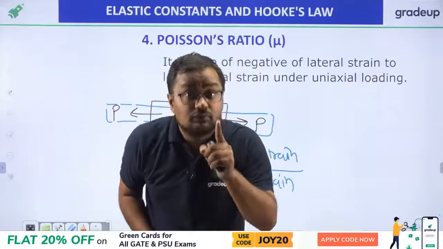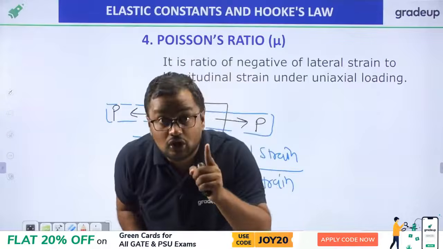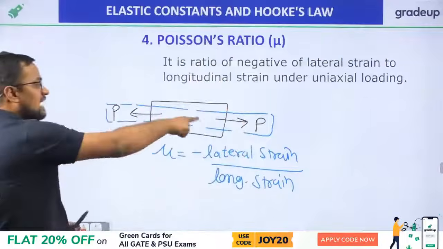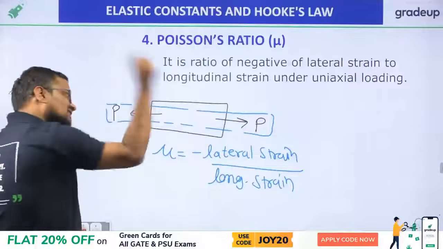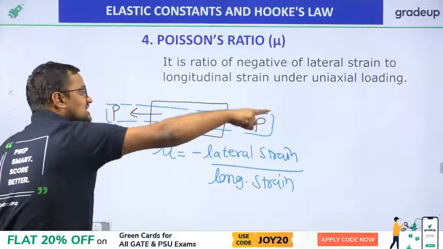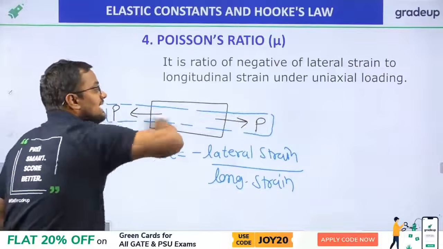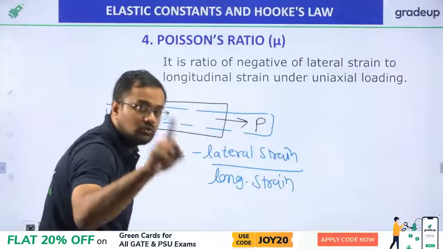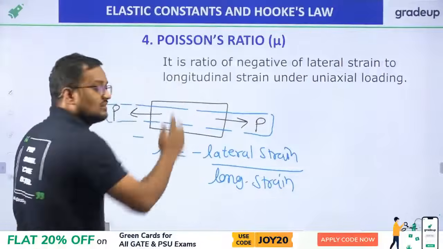That axis will be treated as the longitudinal axis where the force is acting. Since in this bar force is acting like this, this axis will be the longitudinal axis and all axes perpendicular to that will be treated as lateral axes.